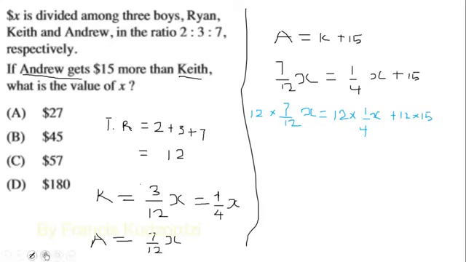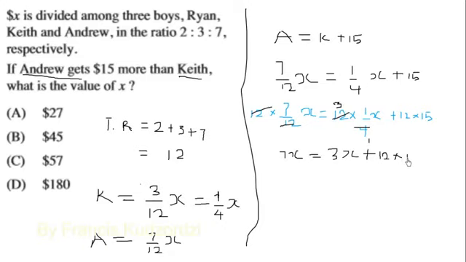Now let's cancel out. 12 cancels this. Then 4 goes here once, 4 goes here 3 times. So now let's simplify. We get 7x is equal to 3x plus 12 times 15.